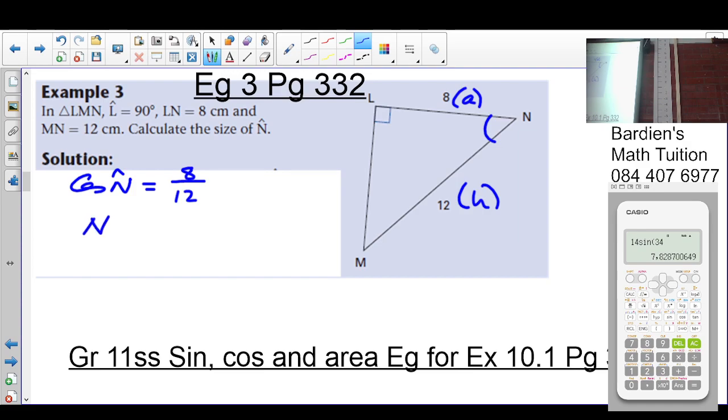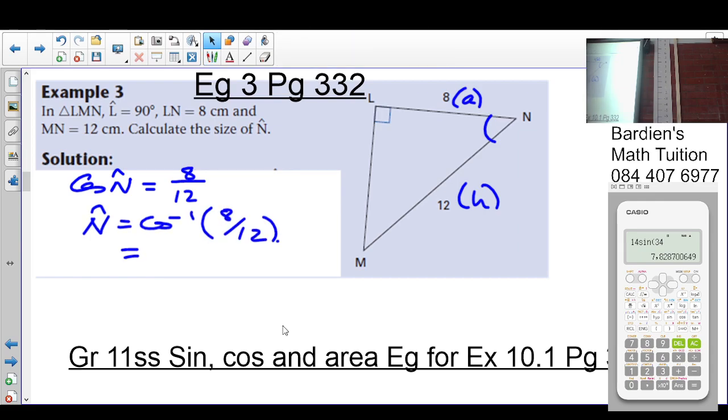Arc cos both sides. So it's arc cos of 8 over 12, or you can say arc cos of 2 over 3. So shift cos 8 over 12 gives us 48,1, or 48,2.